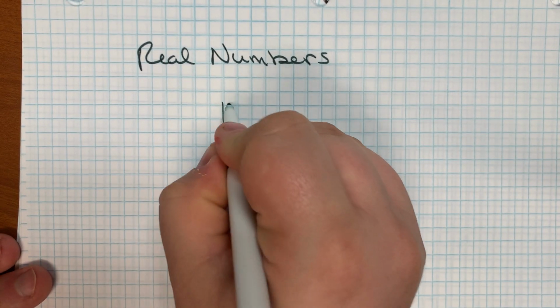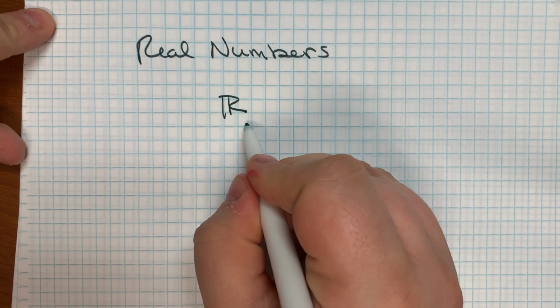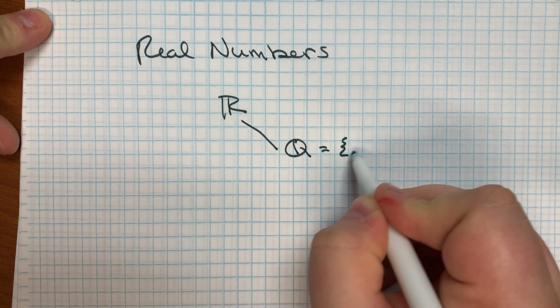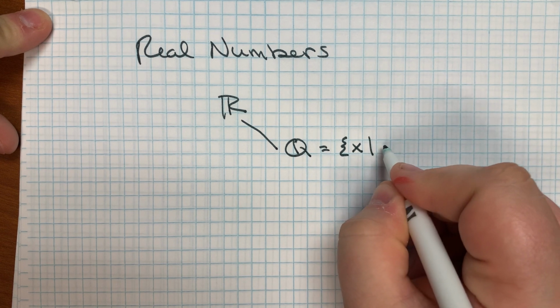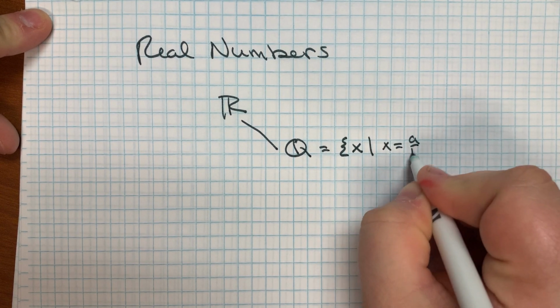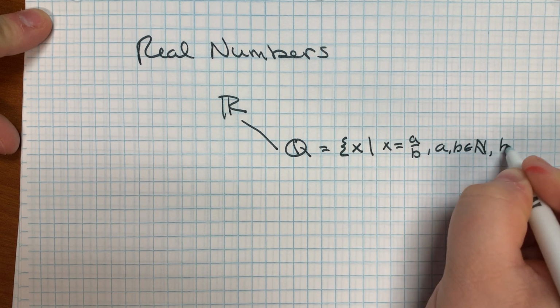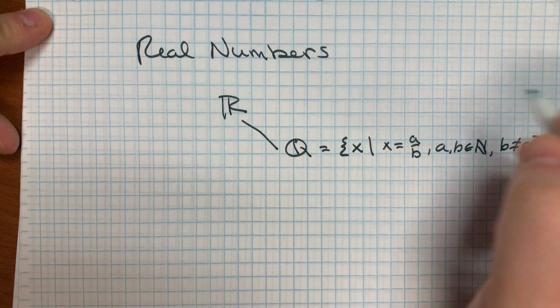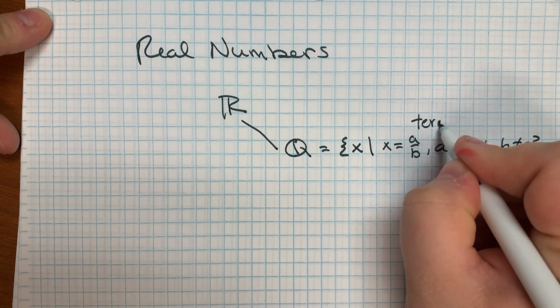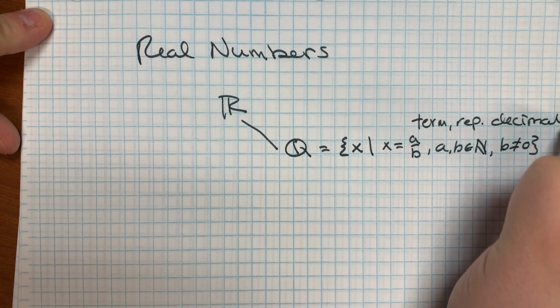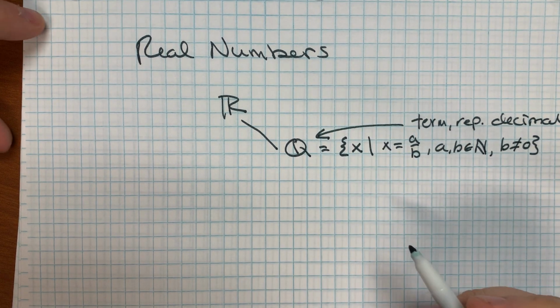Well, our real numbers are all of our rational numbers. Right, those were our x. So the x is some a over b, a, b natural, b not equal to 0, our terminating, repeating decimals. Right, that's our rationals.